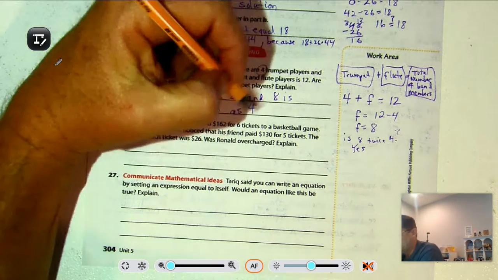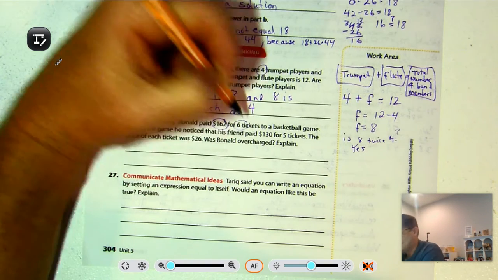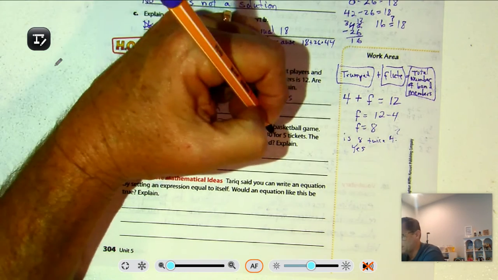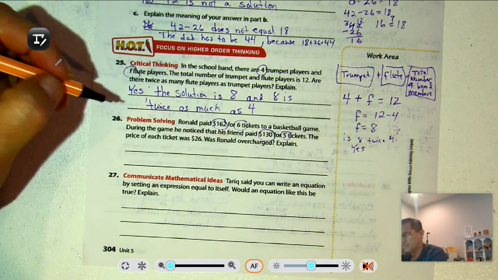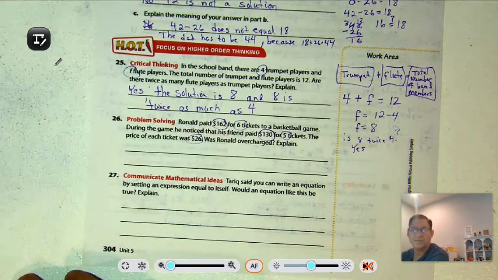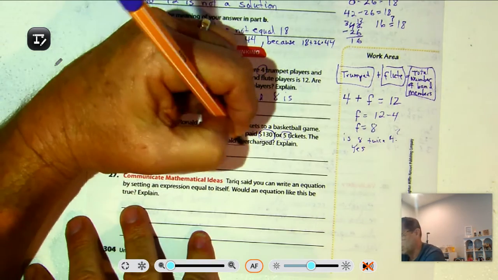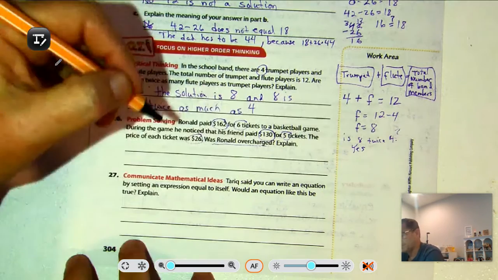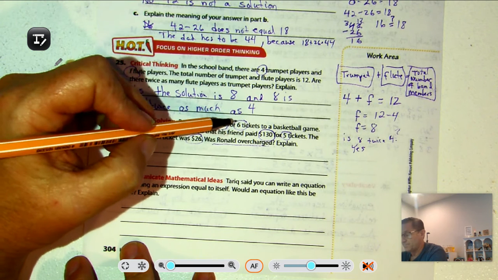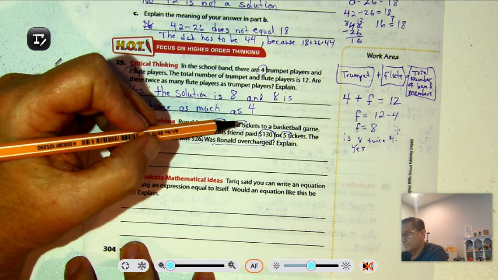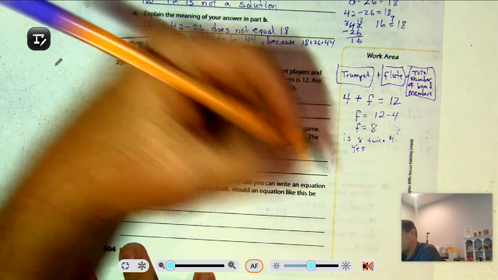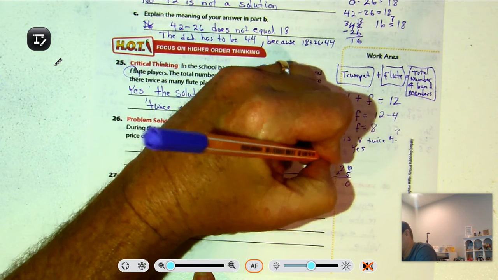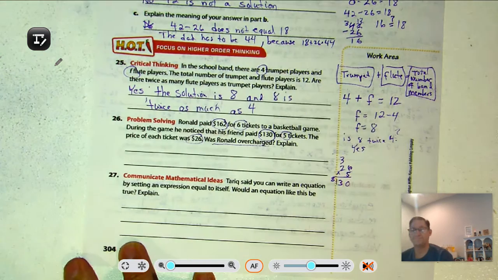Ronald paid $162 for 6 tickets to a basketball game. During the game, he noticed that his friend paid $130 for 5 tickets. The price of each ticket was $26. Was Ronald overcharged? Well, if we go 26 times 5, we get 130.